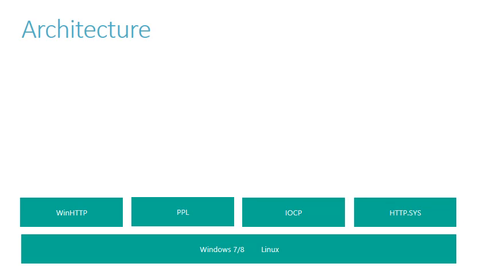For example, WinHTTP for the HTTP communication underneath our surface area. PPL gives us the composition model for all of the asynchronous long latency operations. I/O completion ports and HTTP.sys for the service side are used for listening to HTTP requests or other components.